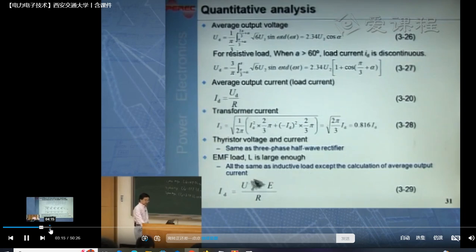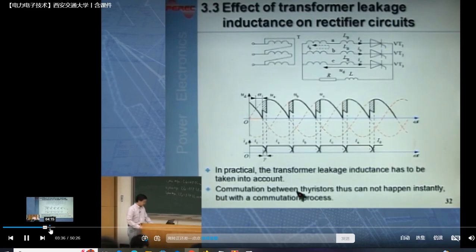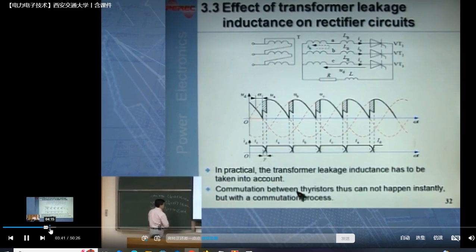Except when you calculate the average output current, you should subtract the counter EMF in the DC side from the output voltage. All right, that's all for the three-phase AC to DC power converters.